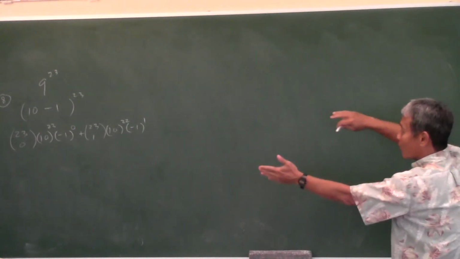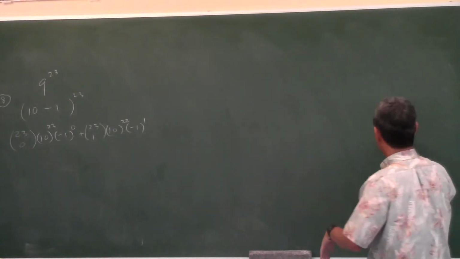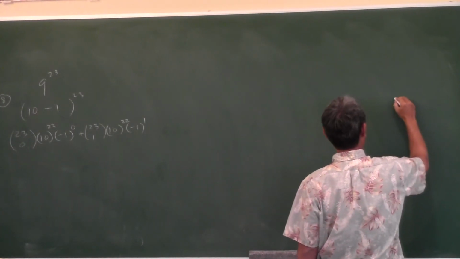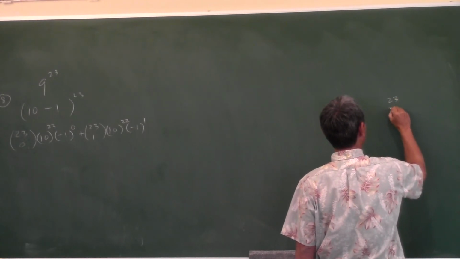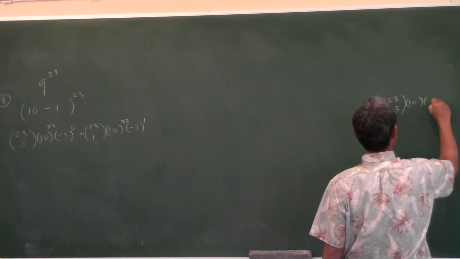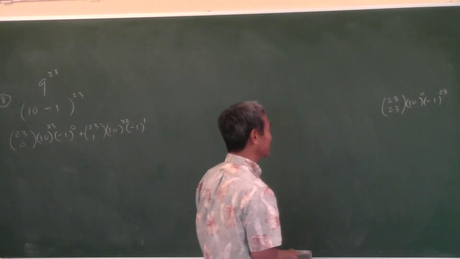Okay, if we work all the way to the end, this is just like the quiz, right? Find the last 4 digits. What's the last term going to be? 23 choose 23. A to the something, B to the something, and the 2 powers got to add up to 23, right?